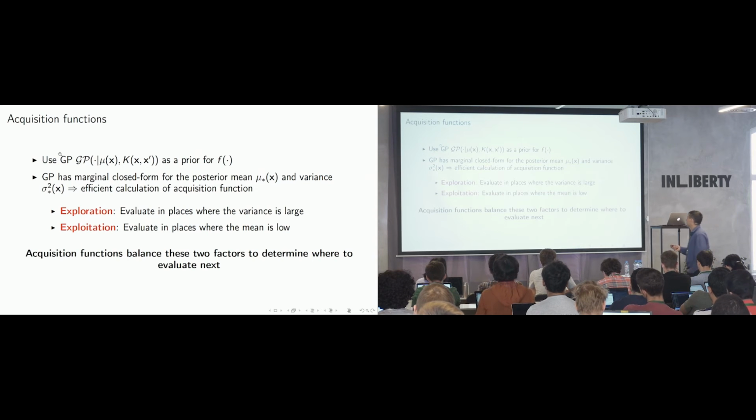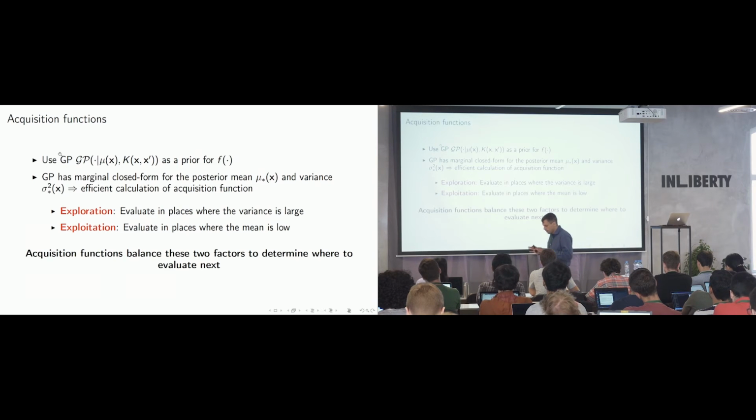And in case of the Gaussian process prior assumption, that means that we can perform exploration if we consider those points for which the uncertainty prediction is big.